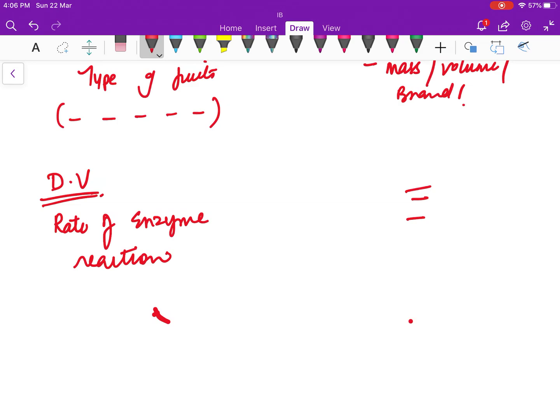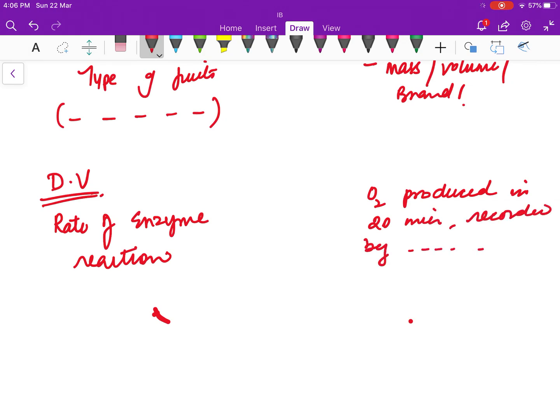So the oxygen gas, O2 produced in 20 minutes, recorded by the oxygen gas sensor, and then you calculate the rate.